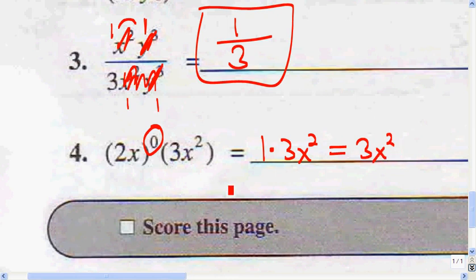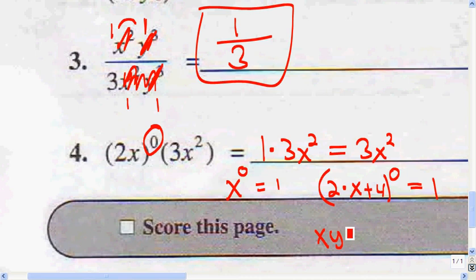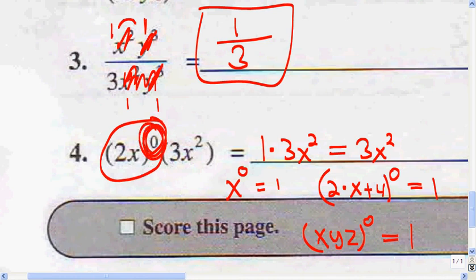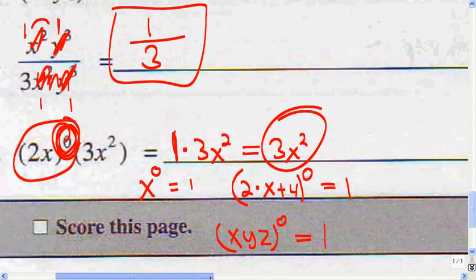Let me explain. x to the 0 power equals 1. 2 times (x plus 4) to the 0 power equals 1. (xyz) to the 0 power equals 1. Anything to the 0 power equals 1. So since this is raised to the 0 power, I know it equals 1. And 1 times 3x squared is 3x squared, and that's how I get my answer.